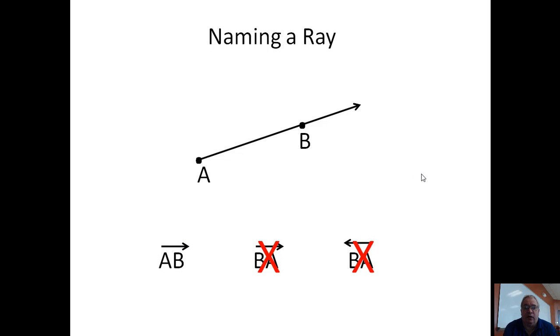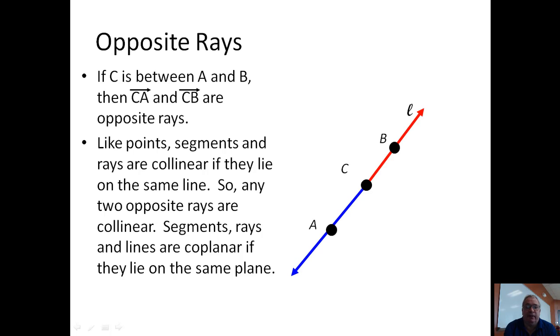Okay, we're almost done. One last thing I want to bring up: opposite rays. If C is between A and B, so here we have a line AB, but we have the point C. Well, that can make two opposite rays. So two opposite rays actually make up a line.